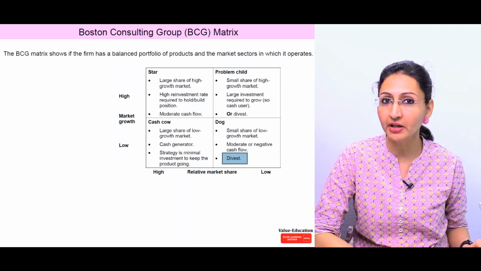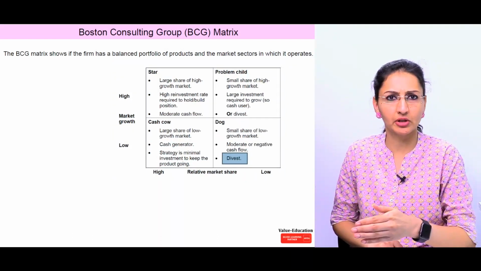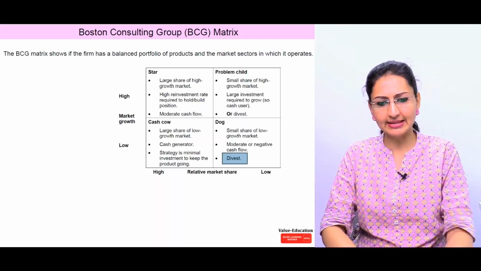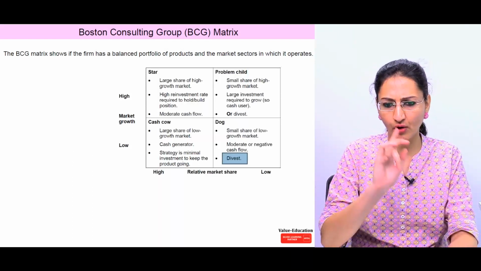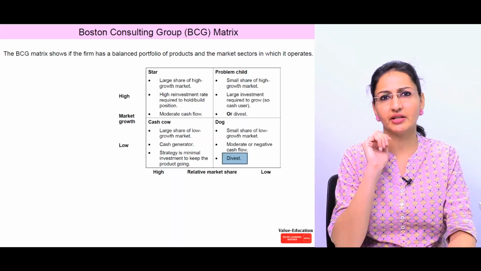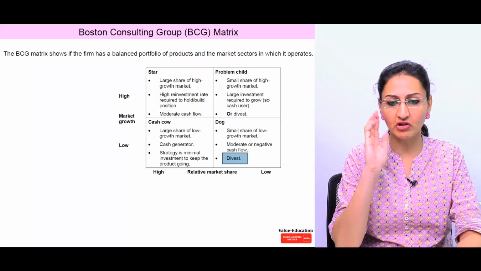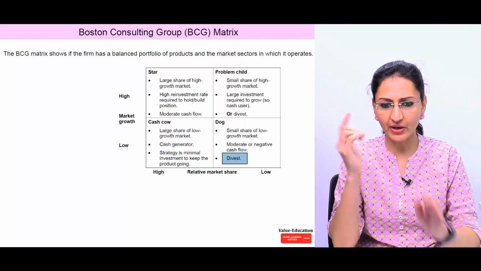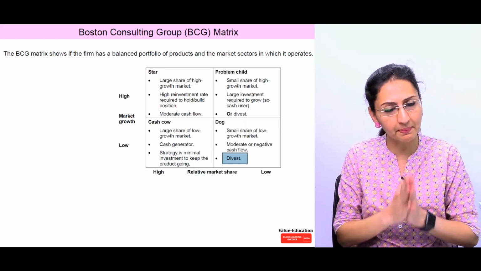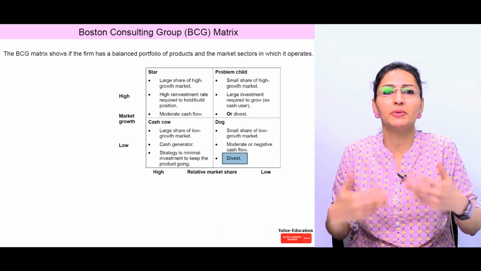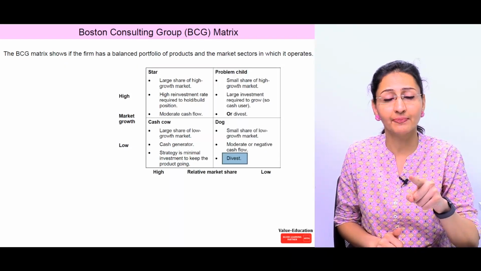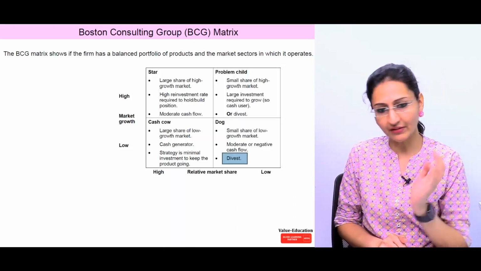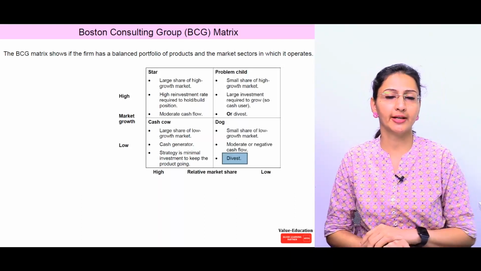If a company sees that a product in its portfolio falls under the category of a dog, it's better to divest it. Don't invest more money in making it recover. There is no use, and that is why we are using this matrix, so that a company can strategize what should be done next. First decide which quadrant your product or division falls in. Wherever it falls, take the decision accordingly.